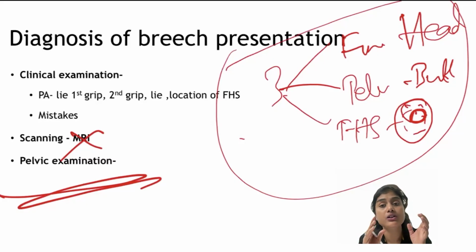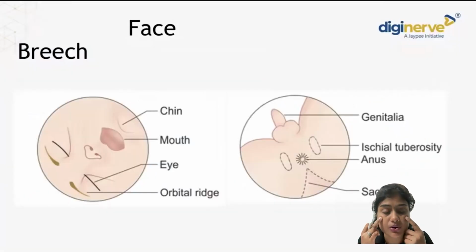So how will you differentiate a face presentation from a breech presentation? These two will feel like ischial tuberosities and the mouth will feel like the anal opening. See the cheeks, the malar prominences, and the mouth: they are not in the same line. They are in a triangular position, just like you can see.